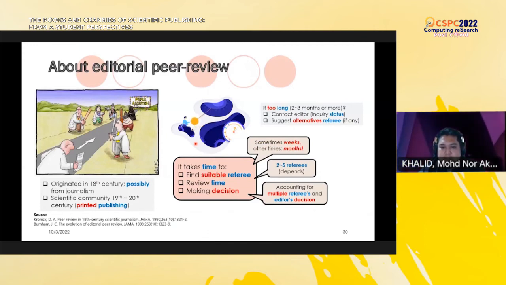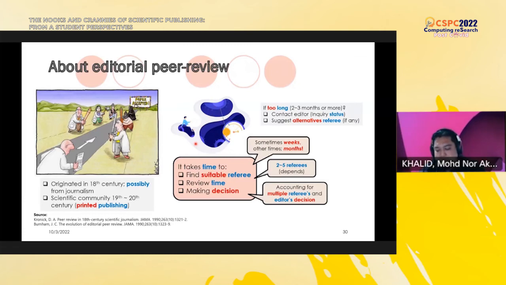And I have done this before, and they responded that they were taking more time because they could not identify a proper alternative referee. So we can suggest an alternative referee or reviewer to them so that they can speed up the process.